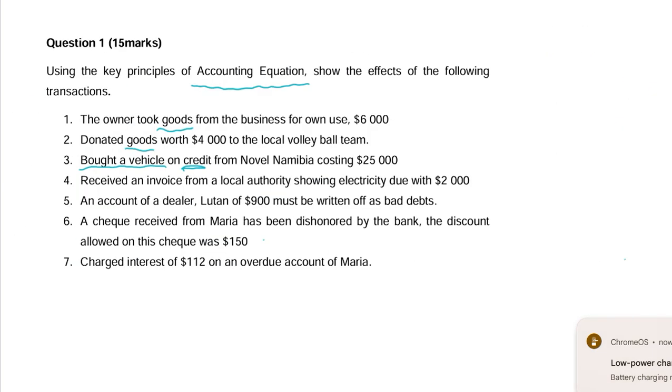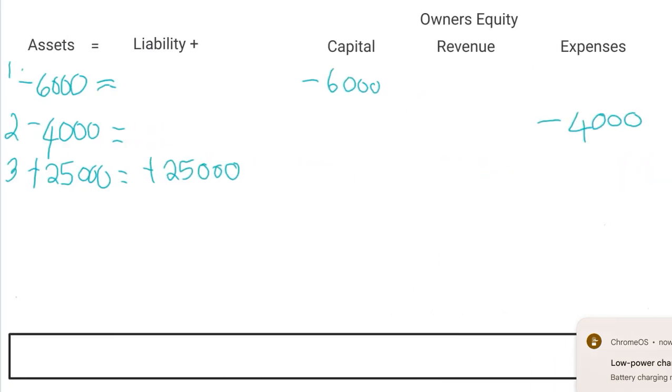Received an invoice from a local authority showing electricity due with 2,000. So this is not going to affect any assets. So question 4, we are owing. We received an invoice. Okay, so we are owing. Remember, we received an invoice. We have to pay electricity payable. It increases with 2,000.